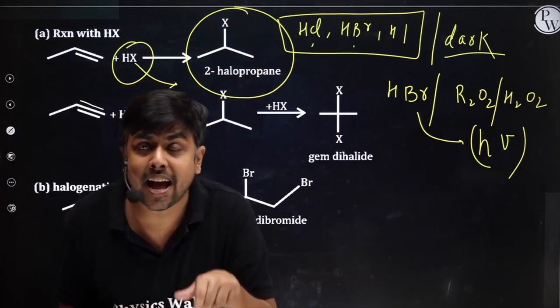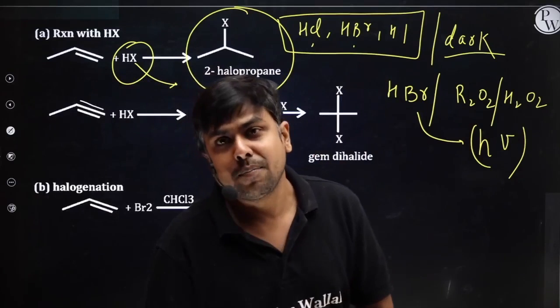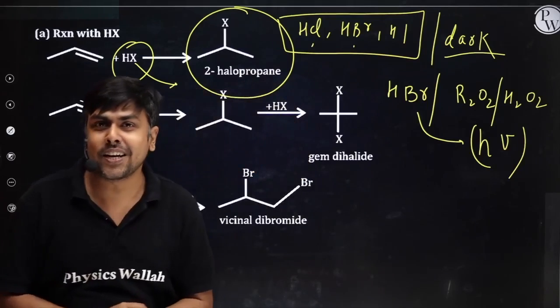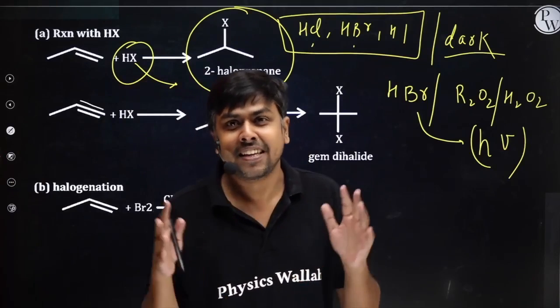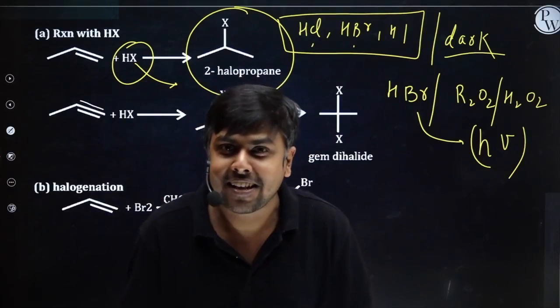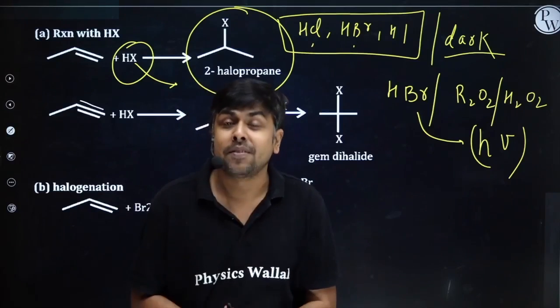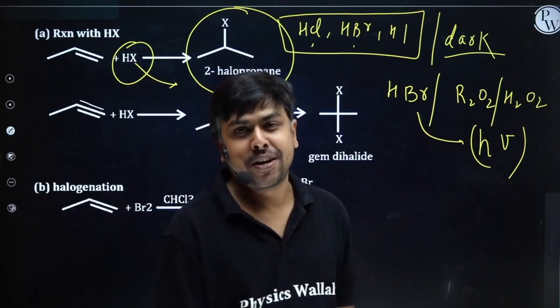This halide ion will get substituted to the less crowded carbon, the less substituted carbon. Am I clear, students? So alkene on treatment with HX leads to the formation of alkyl halide. Depending on the nature of the reaction, we may have Markovnikov product or anti-Markovnikov product.